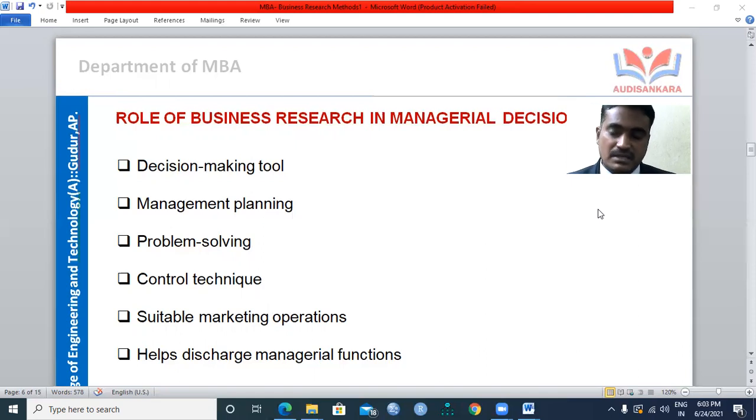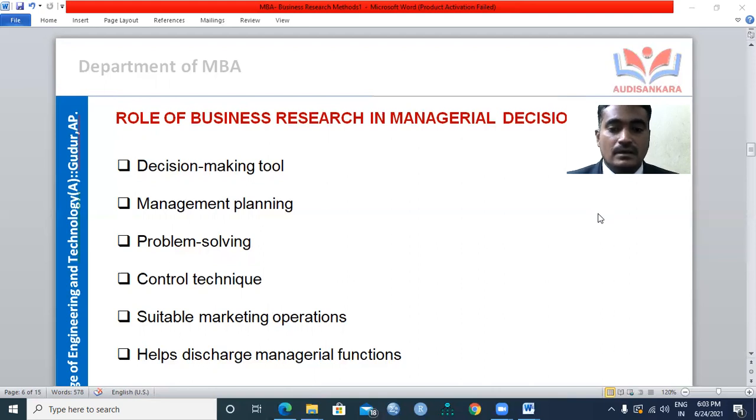In all such segments, various categories of managers come into the picture. Each and every manager should be in a position to take the best possible decision. So intensive rigorous research with respect to business decision making will help a lot to come up with the best possible decision.